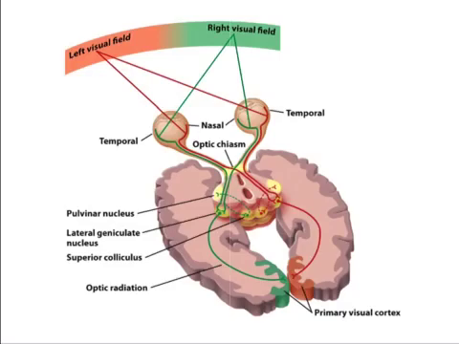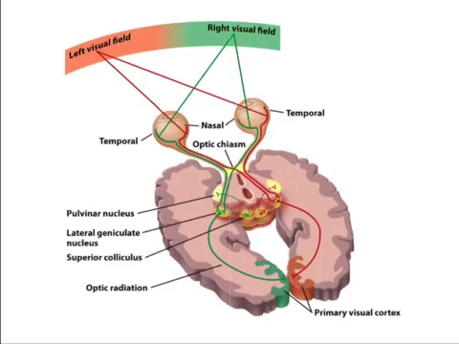This is so interesting with the eyes: because of the curving of the cornea and the retinal layer, you have light going in from the right visual field to both eyes. The right visual field goes to the temporal region of your left retina and to the nasal region of your right retina.